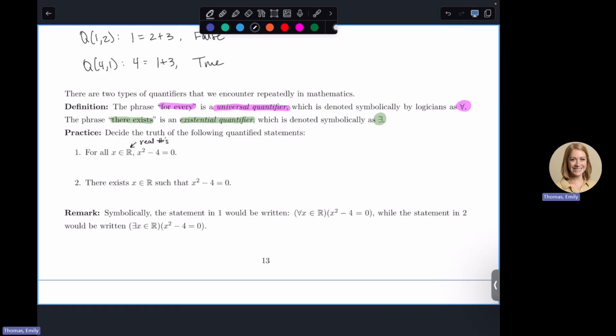That is not true. That is false. How do you know that that's false?